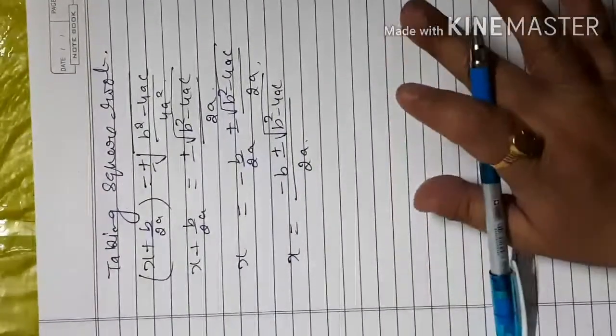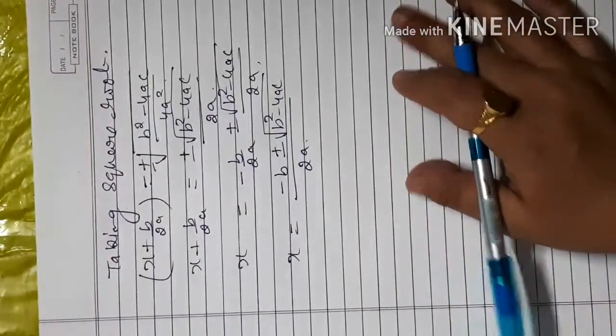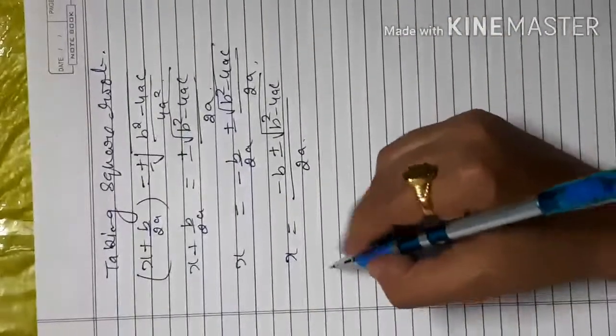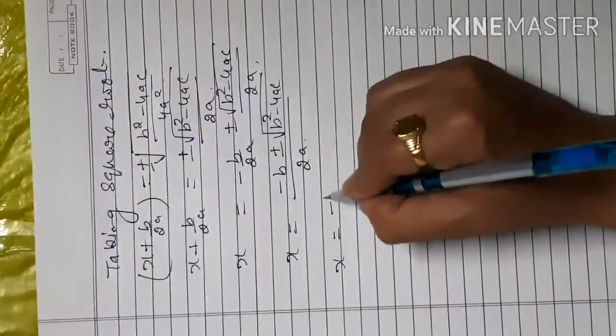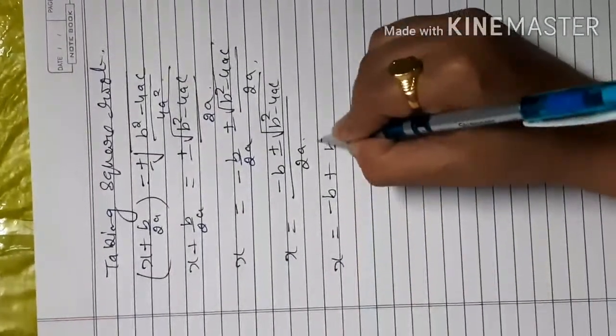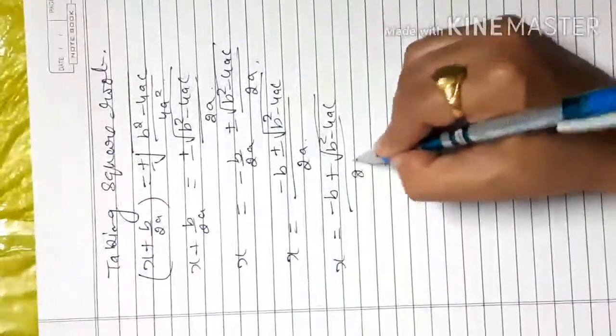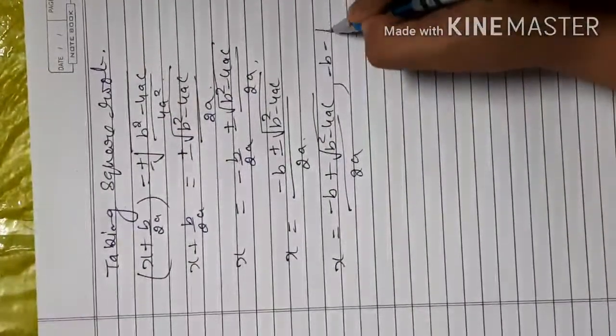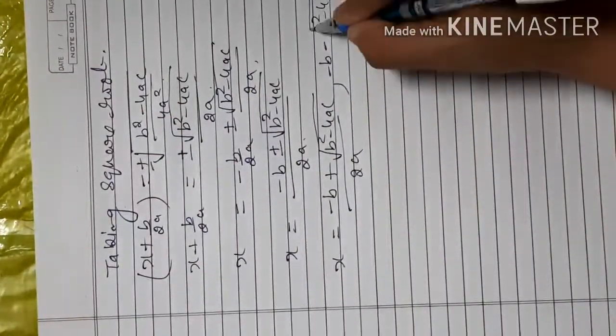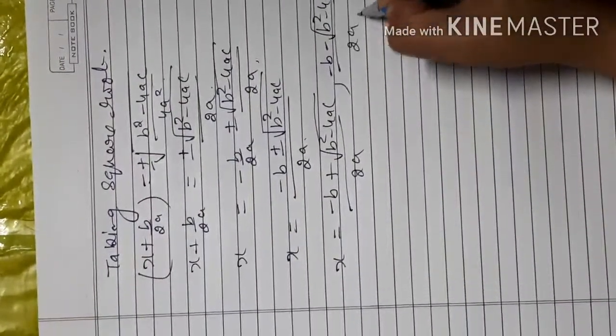So this is my formula to find the x value directly, and there are two root values here, one positive, one negative: minus b plus the square root of b square minus 4ac by 2a, and minus b minus the square root of b square minus 4ac by 2a.